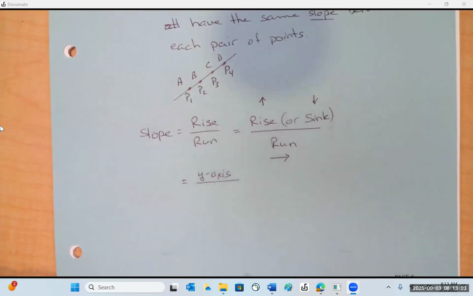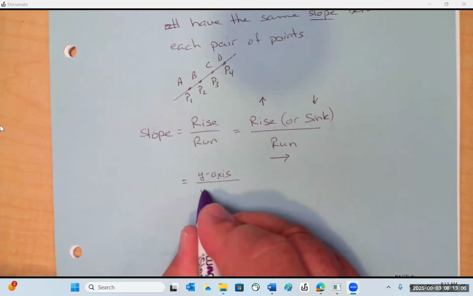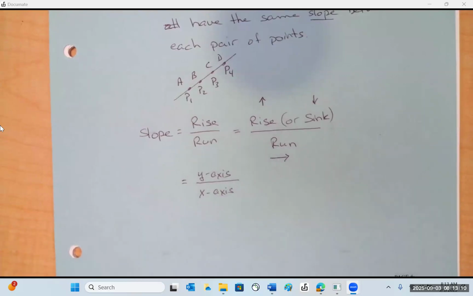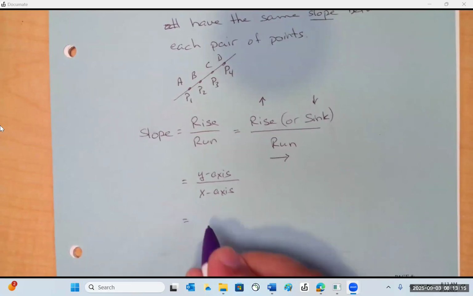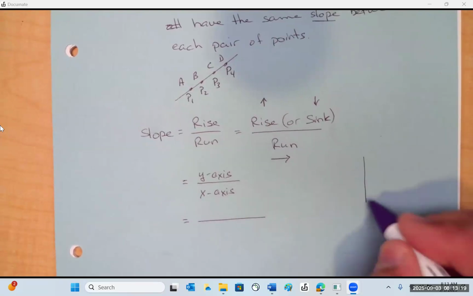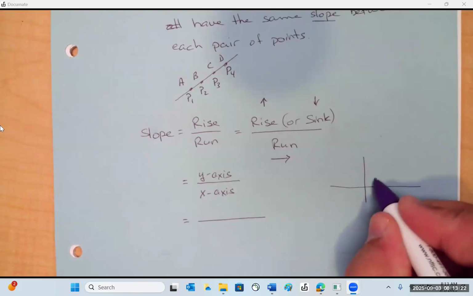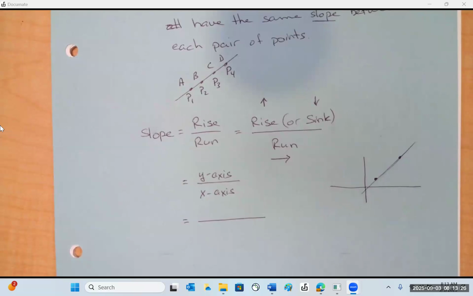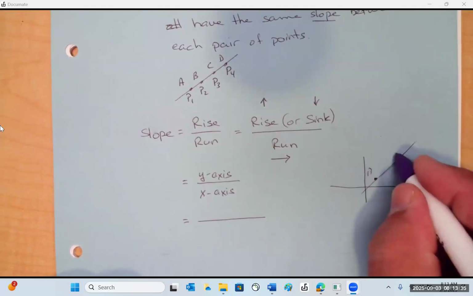And the bottom part, left and right, deals with the x-axis. Because remember, to have a slope, we need to have 2 points. To have a slope, we have to have 2 points. Here's point 1, and here's point 2.